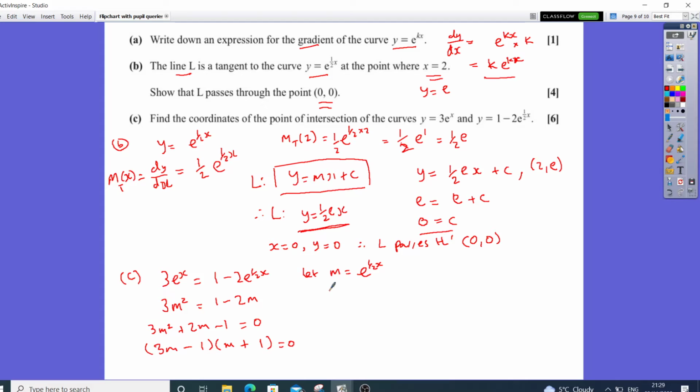Now if we got that, also quickly write here that 3m would equal 1, so m would equal 1/3, and in this case m would equal minus 1. Now instead of m, we're going to call it e to the half x, and that is now equal to 1/3.